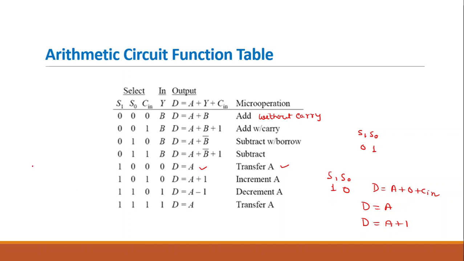When S1 and S0 are both 1, 1, then all ones are inserted into the Y inputs of the adder to produce the decrement operation, that is D equal to A minus 1 when Cin equals 0. This is because a number with all ones is equal to the 2's complement of 1.